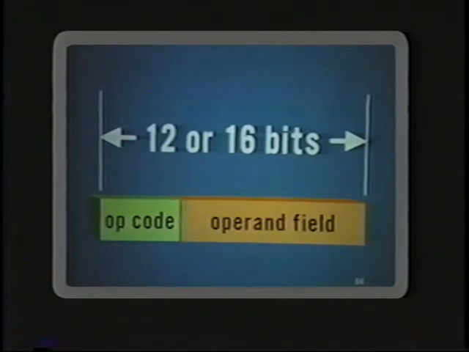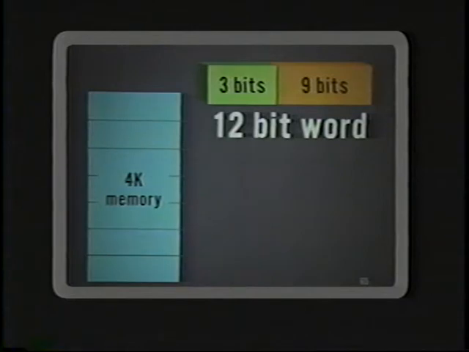In a typical minicomputer, the word size is limited to 12 or 16 bits. But not all of these bits are available for addressing operands, because some instruction bits must be set aside for the opcode. For example, suppose our minicomputer uses a 12-bit word and contains 4K of memory.